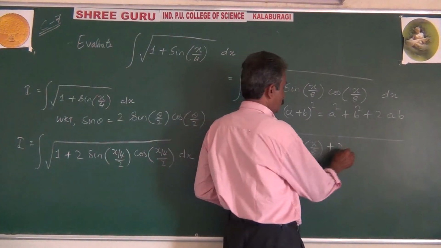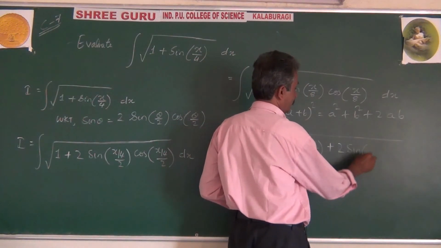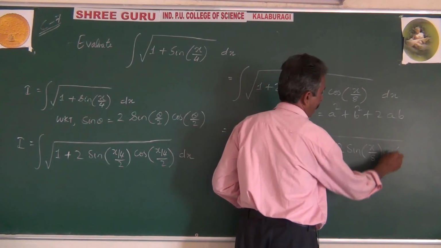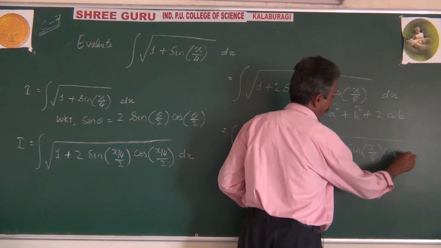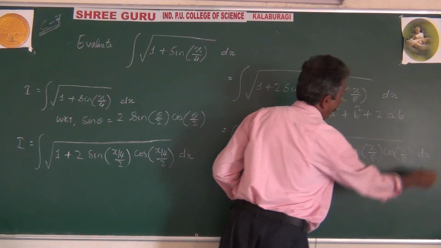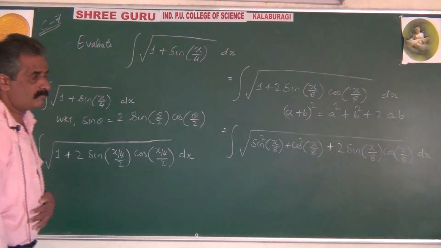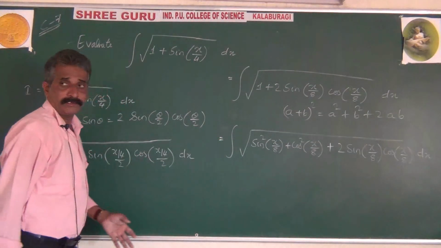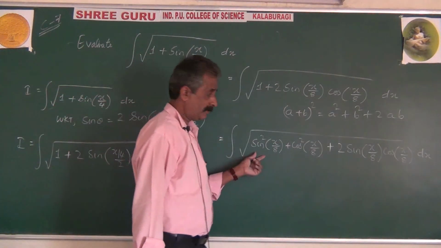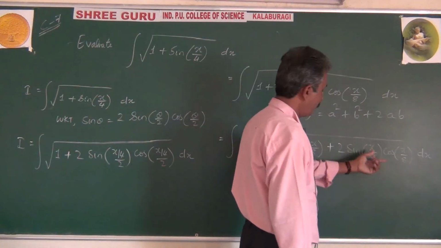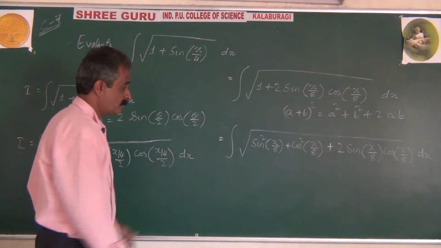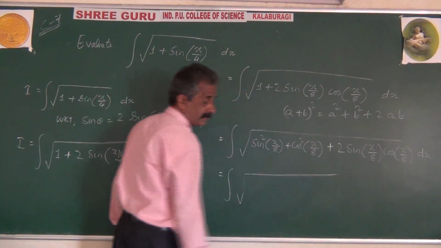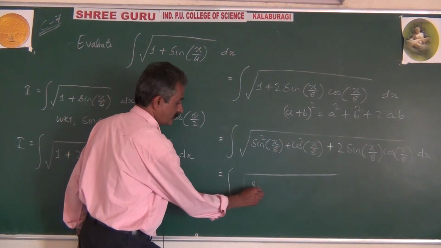Then 2ab, 2 sin x by 8 cos x by 8. So now inside the root we have a square plus b square plus 2ab, so that will be a plus b whole square. That is equal to square root of sin x by 8 plus cos x by 8 whole square.